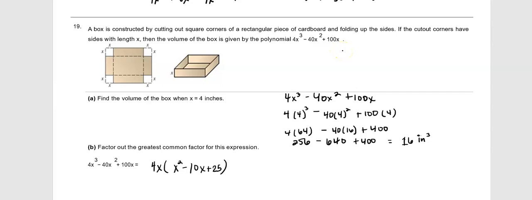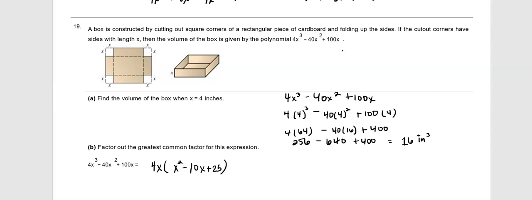So if a box is constructed by cutting the corners, and as you can see in this illustration, cutting the corners of a rectangular piece of cardboard, and we label the sides of these corners as x, the volume of the box is given by this polynomial. So the first question you're asked is to find the volume of the box when x is equal to 4. And that simply means evaluate the polynomial where x is 4.